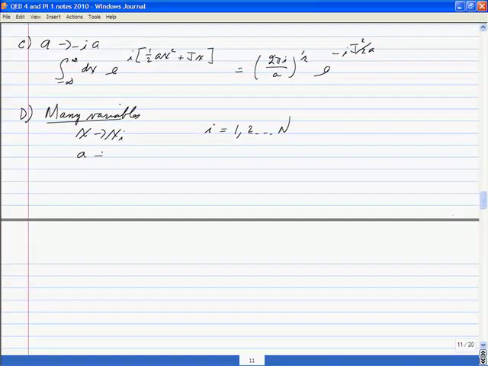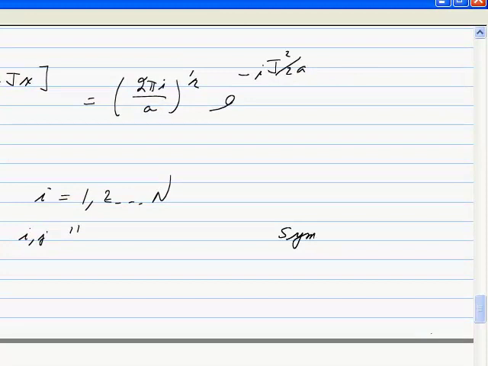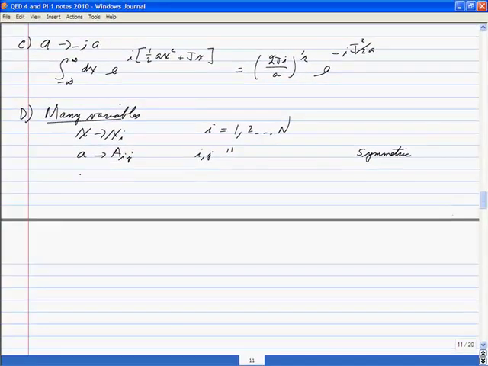This constant a will turn into a_ij with i and j from 1 to n, and I'll choose this to be symmetric. Actually I don't have to choose it to be, it is automatically, you'll see when I write it down it has to be. And j is going to turn into some j_i.